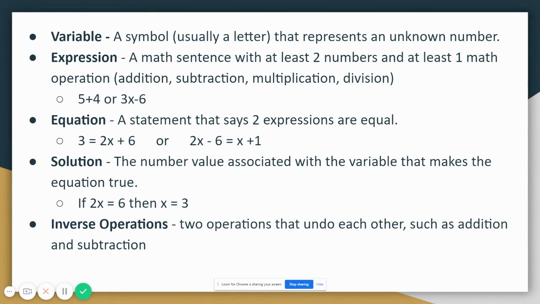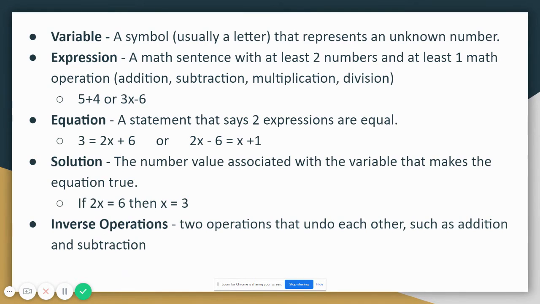A solution is your answer. So that should make sense that the word solution is the same thing as your answer. It's the number value that you're associating with your variable that makes the equation true. For example, up top, again, where I said 2x minus 6 equals x plus 1, the x value that made those expressions equal to each other is called the solution.